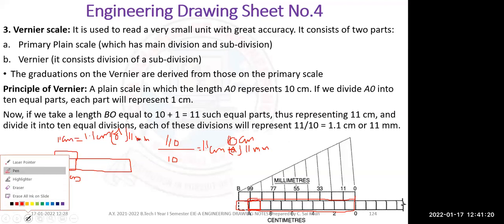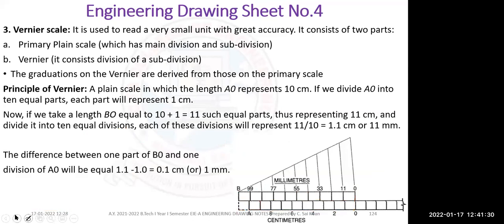So each part will become 11 mm, such as 0, 11, 22, 33, 44, 55, 66, 77, 88, 99, 0. It will become like this. Okay. If I want to subtract, this is my 10 mm, so 11 minus 10 will become 1 mm.